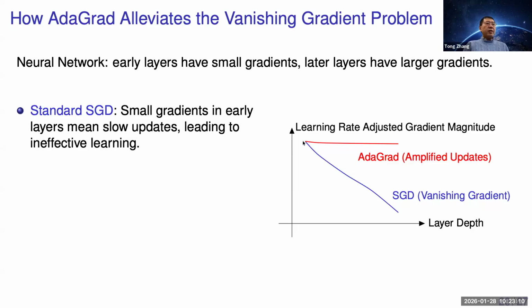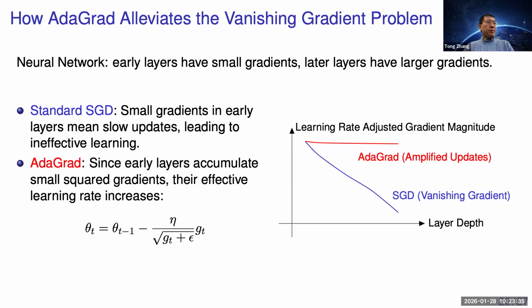So if you look at the amplitude of updates in AdaGrad, it's almost always constant for all the parameters, unlike SGD. Because it uses the historical gradient as a proxy of the size of your gradient, you divide by that. Once you divide by that, you get your actual normalized update.